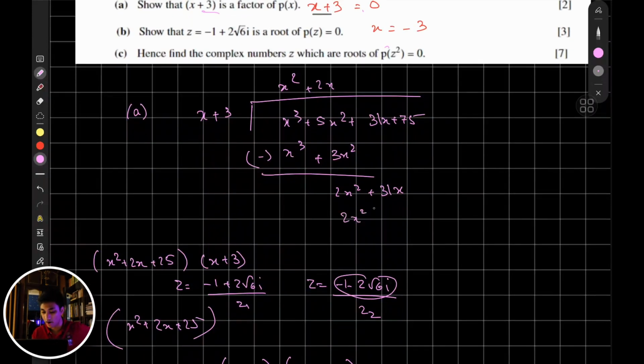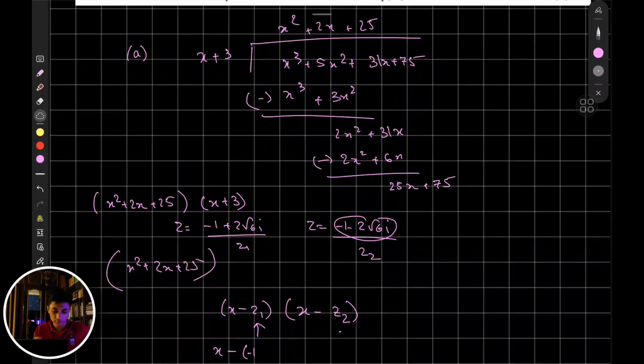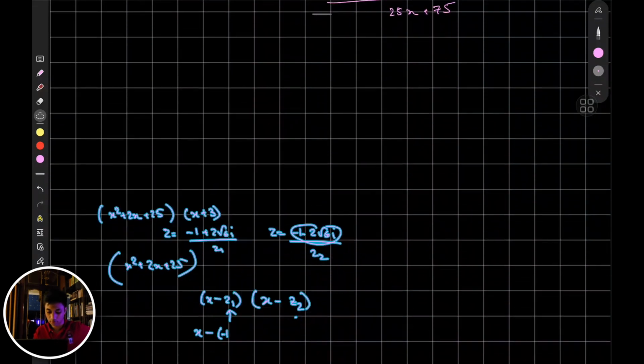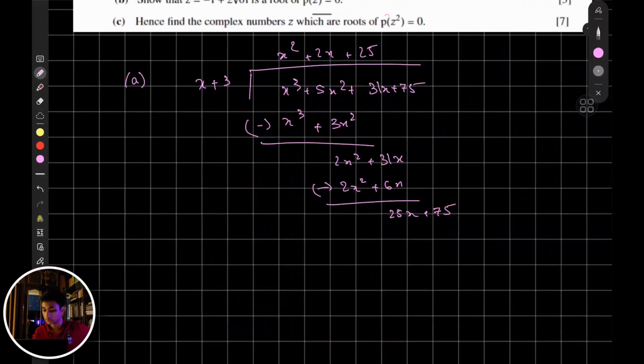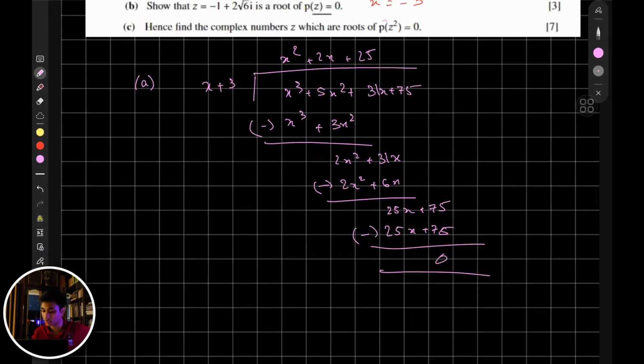So 2x squared, 6x. Great. So subtract, and you get a value of 25x plus 75. What can you do now? You can multiply with a value of plus 25. So 25x plus 75, subtract, you get a value of 0 as the remainder.